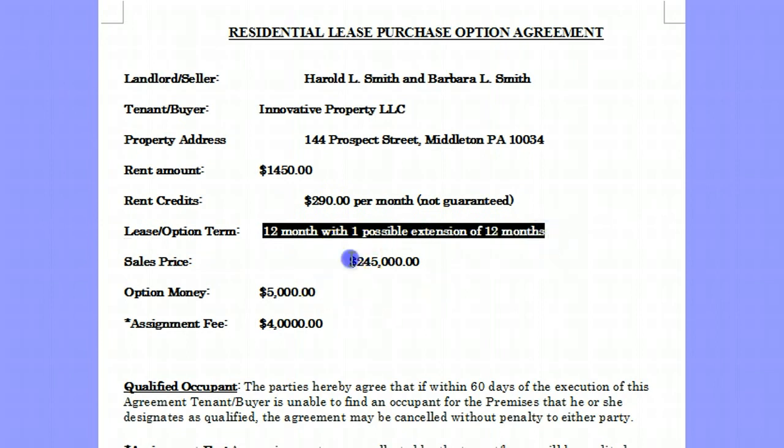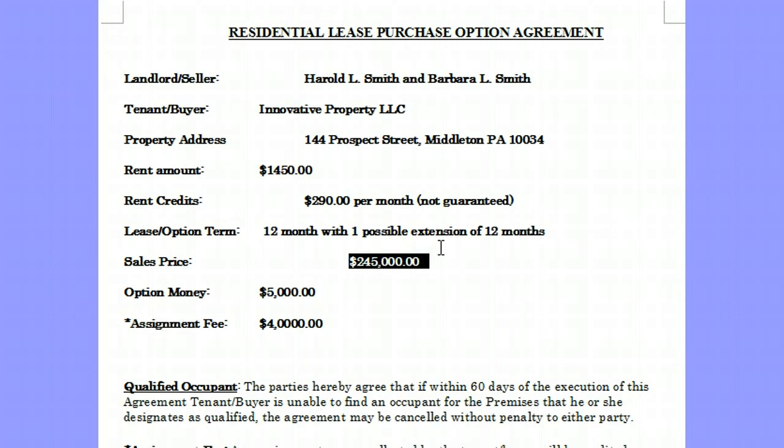And the sales price, let's say you've picked 5 comps, you've thrown out the high and the low. The 3 comps that are in the middle all are very close, plus or minus 10% of the square footage. So we came up with $245,000 as a sales price. Now you can tie the sales price of the property to a new appraisal if you feel that the property is going to be at a higher amount down the road.